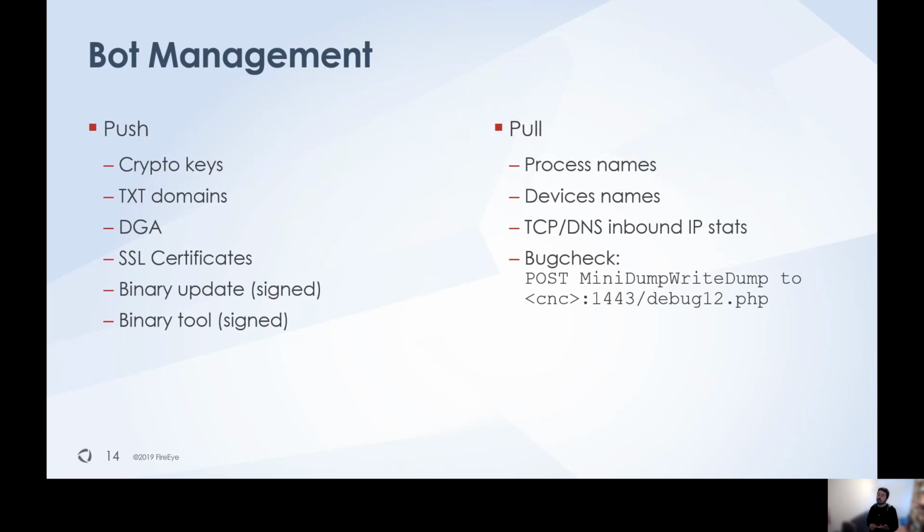Some statistics and telemetry on the inbound data, that is, what IP addresses were clients for content delivery or DNS requests. And a bug check. You just send a message, and the Fluxxy binary would take a memory dump of its own process and send that memory dump to the controller.